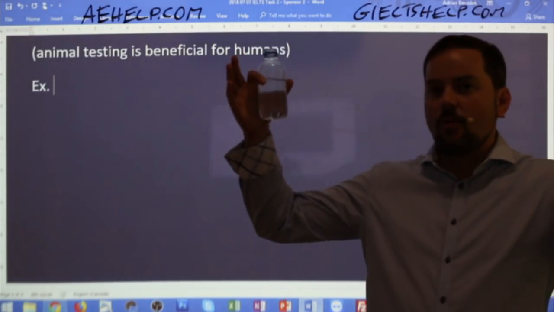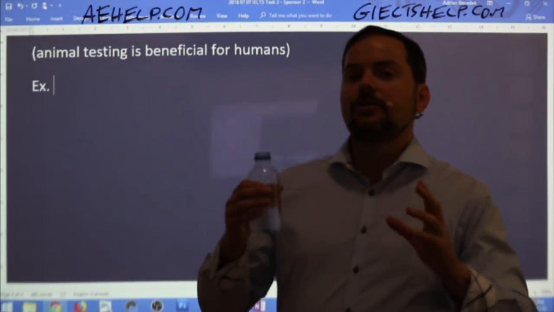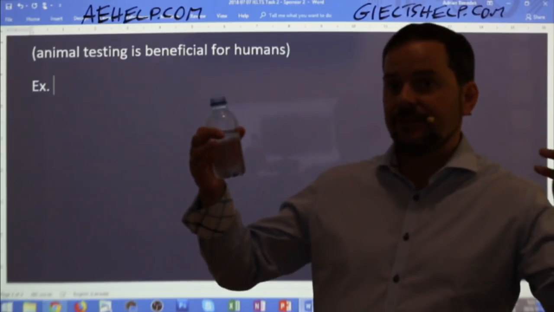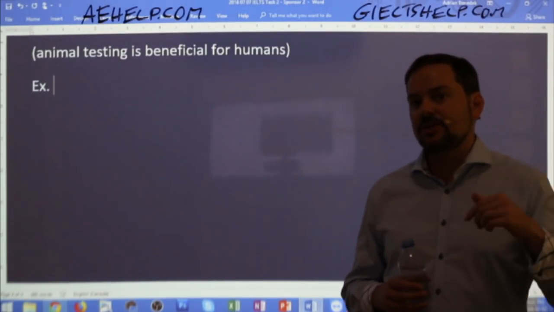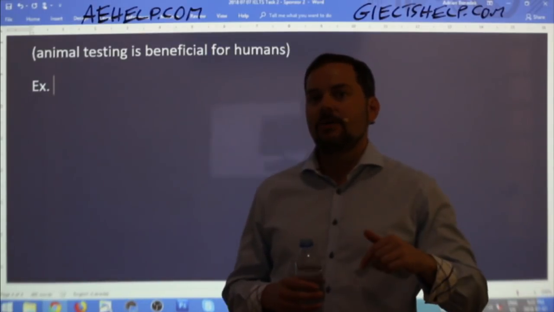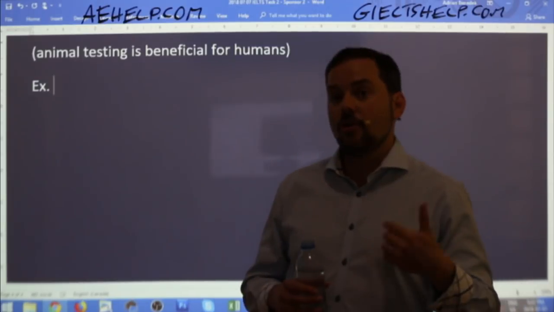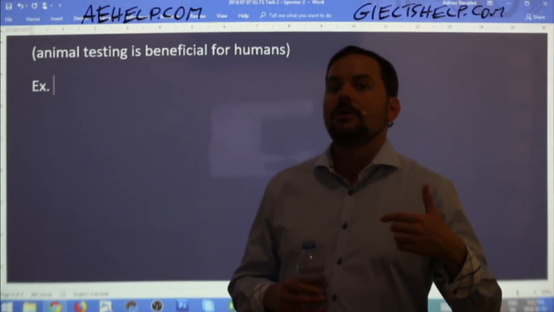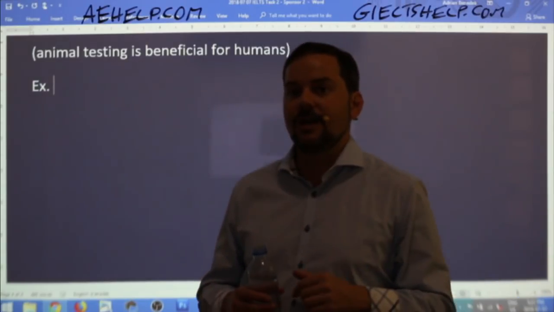Not going from the what, why, how, but going from the how to the why to the what. Okay, that's another way to look at it. So when you're going big to small, you're doing a what, why, how. When you're going small to big, you're going from example to explanation to the what, okay?